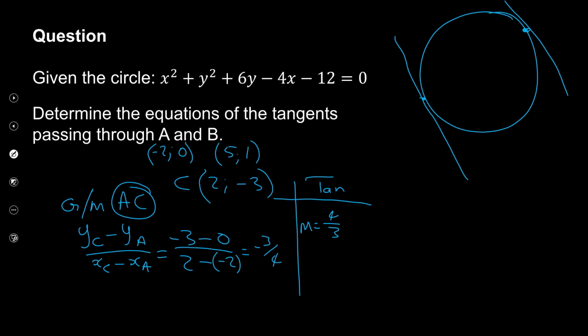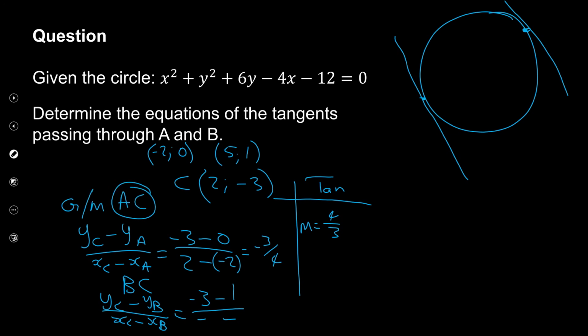And then the other one, which is for BC, will be y at C minus y at B divided by x at C minus x at B. With this one as well, you do the same thing: minus 3 minus y at B is 1, over x at C. Oh, the x at C is not minus 3, it is 2, right?